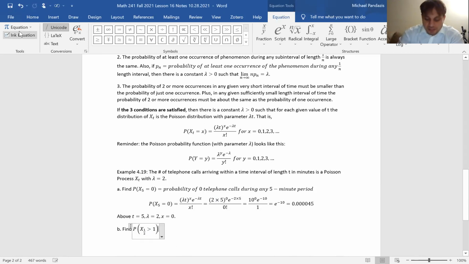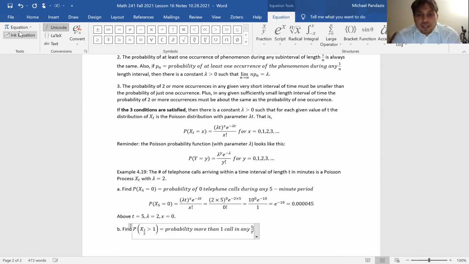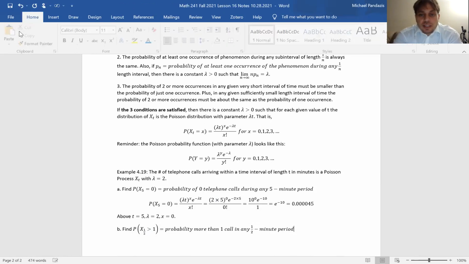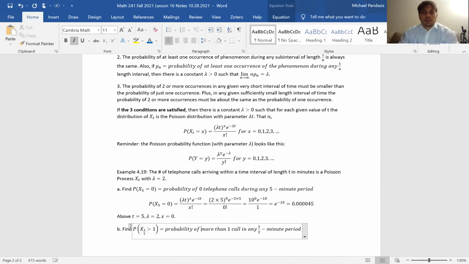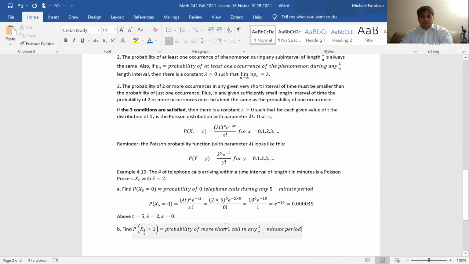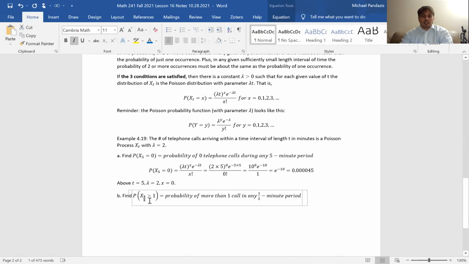So this is equal to the probability that more than one call in any 1/2 minute period. Right. So the 1/2 is the interval of time, and the 1 is saying for the number of calls, and greater is saying that it's going to be more than one call in any 1/2 minute period.